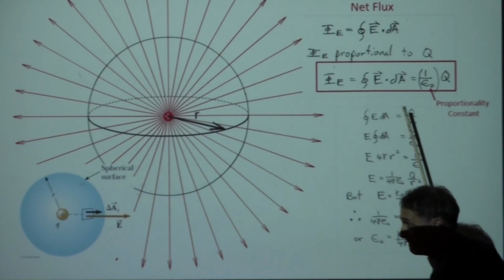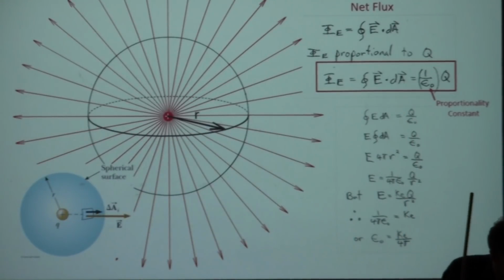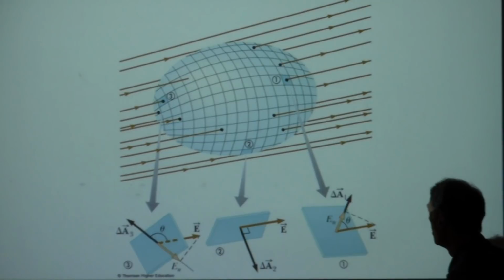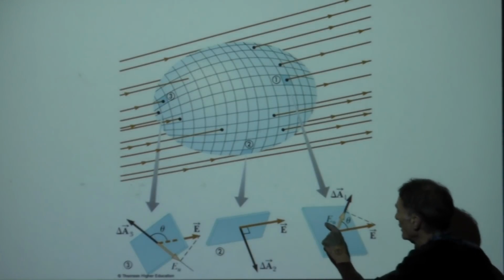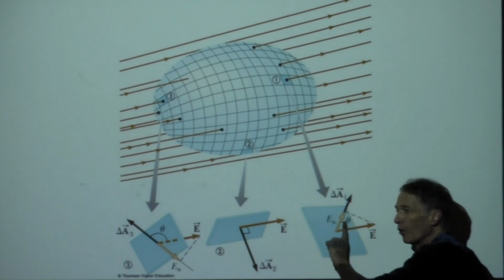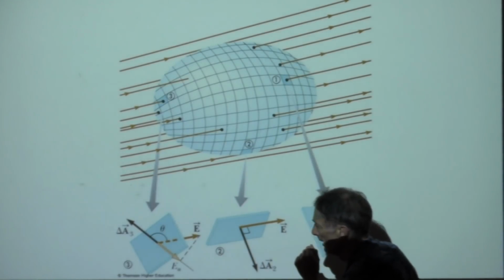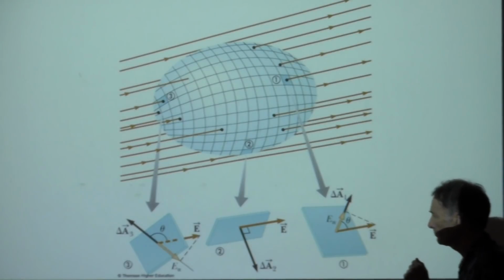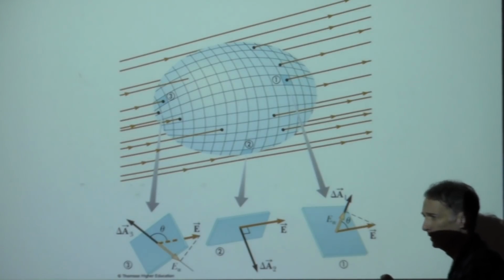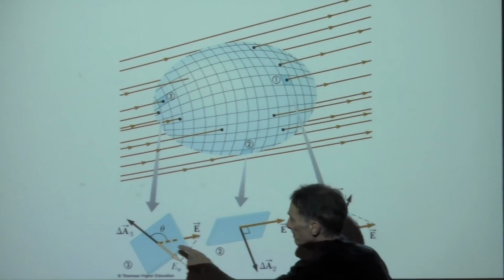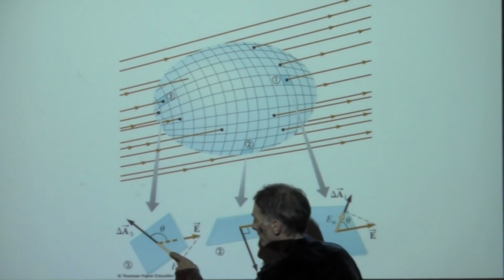Mine was actually a question on the previous slide about the E_n. E_n would be the component along the normal. Oh, that's what they're referring to. I'll do some similar things later. But in the first picture, the one labeled number 3, it's going in the opposite direction of the normal.